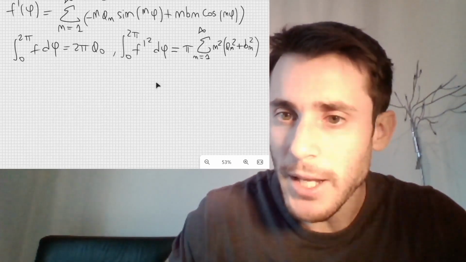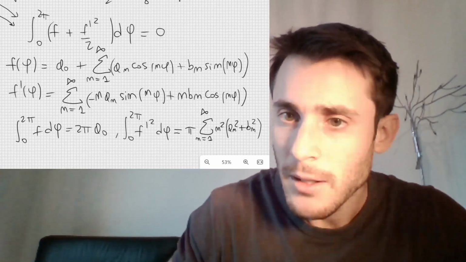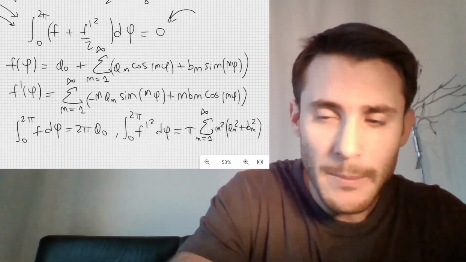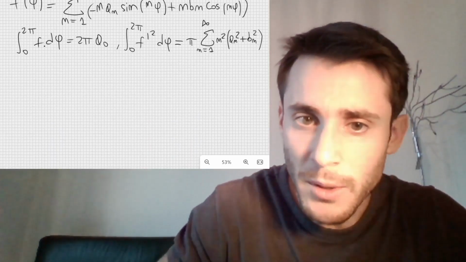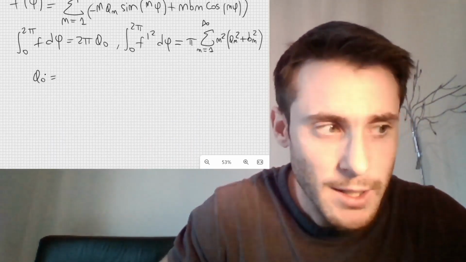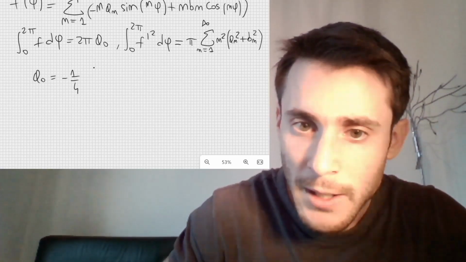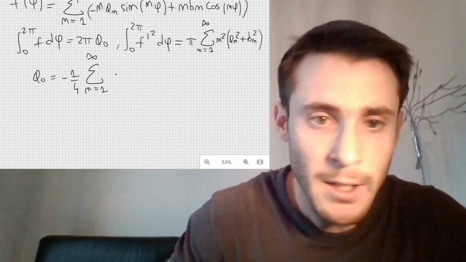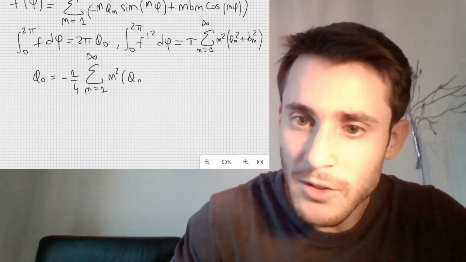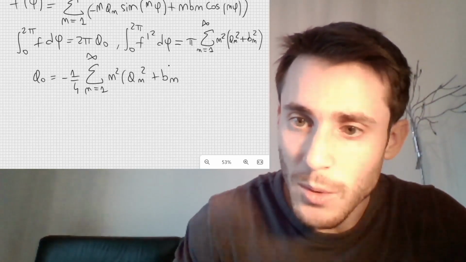Now, if we replace these results in this expression, what we can write is the following. So we can write a0 equal to minus 1 over 4 summation over n from 1 to infinity of n squared times an squared plus bn squared.